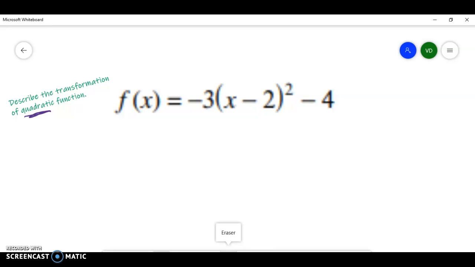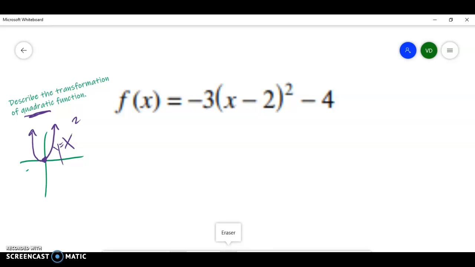The original parent function always goes through 0, 0. Sorry, my vertex is a little off, but it always starts here. If you graph y equals x squared on Desmos, you'll notice that your vertex is at 0, 0. That is where every quadratic function will start.